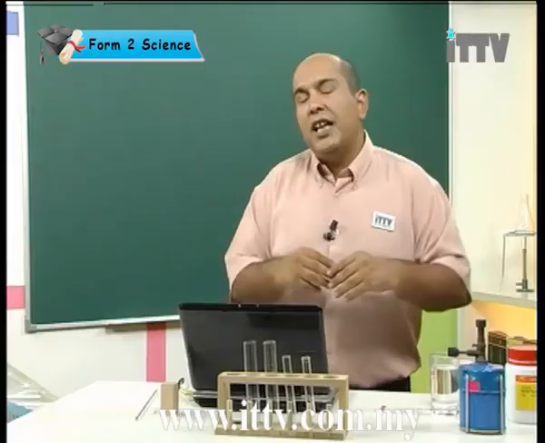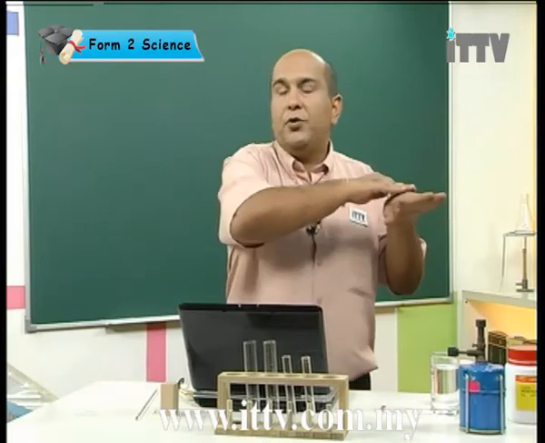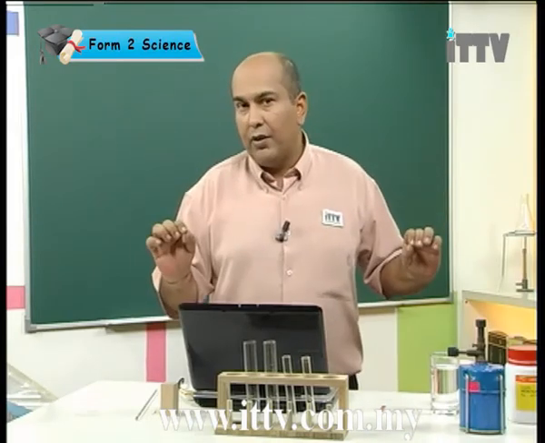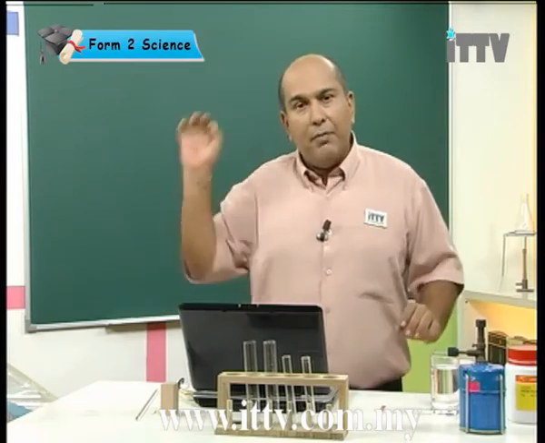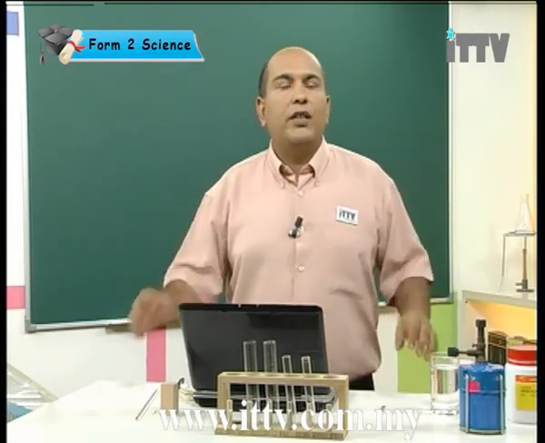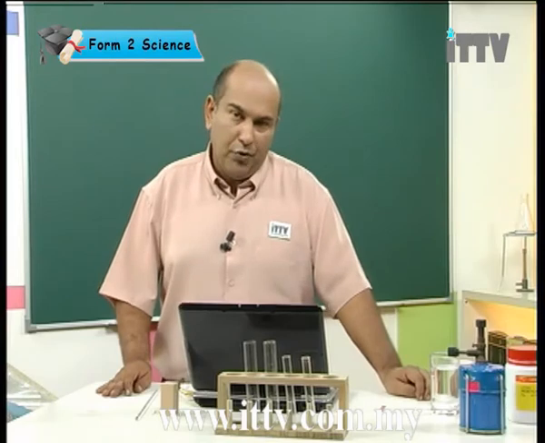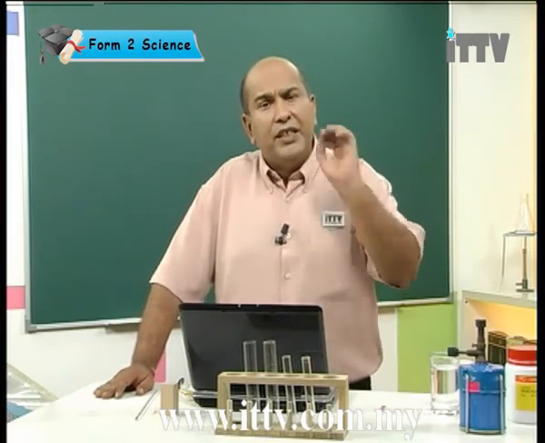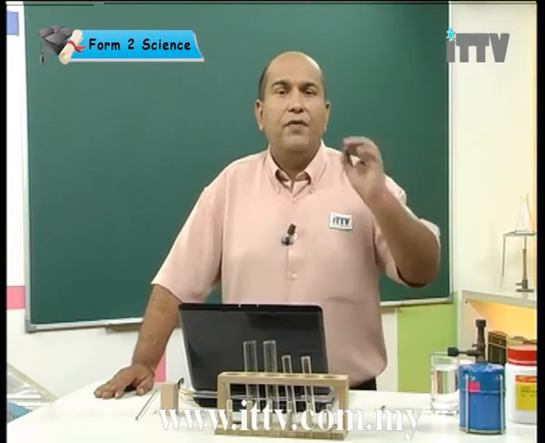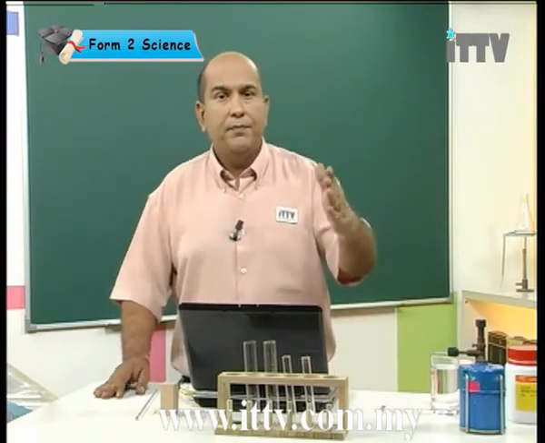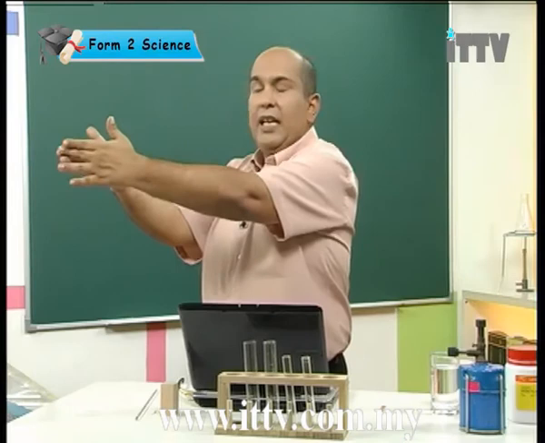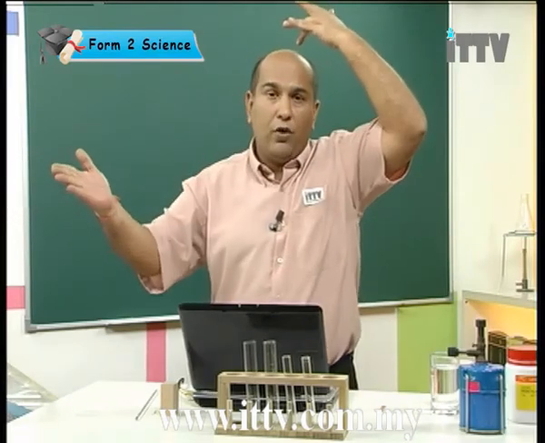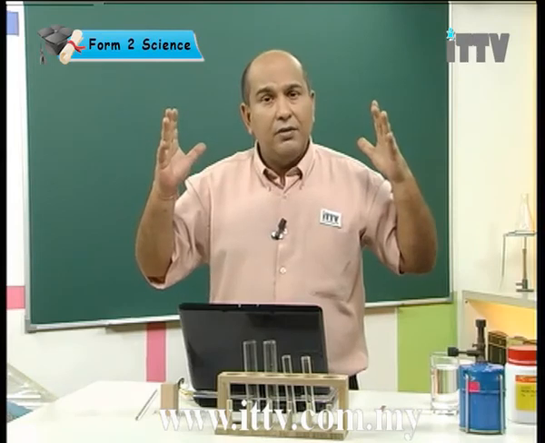So remember just now, from the receptor to the brain, we went through the sensory neuron. From the brain to the muscle, we go through what is called the motor neuron. It is quite important for you to remember the names of these two types of nerves. So remember, any information coming in is going to travel to the brain through what we call the sensory neuron.